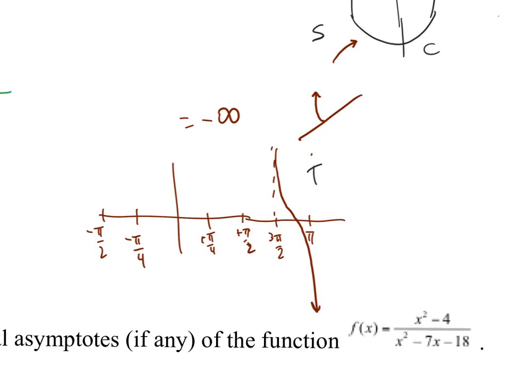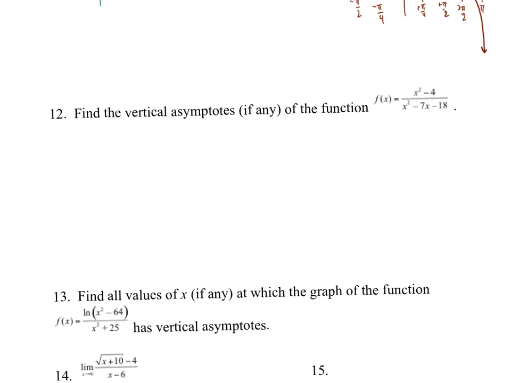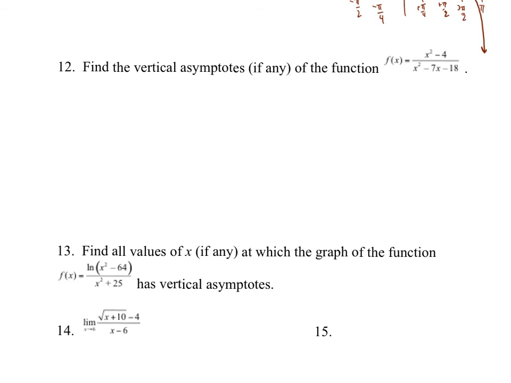All right, let's go look at number 12. 12 is dealing with vertical asymptotes. So vertical asymptotes, remember we said, is anywhere where you have a limit that is going to be infinity or negative infinity. But generally that's what's going to make the bottom 0. So if I look at this, maybe I could factor this.